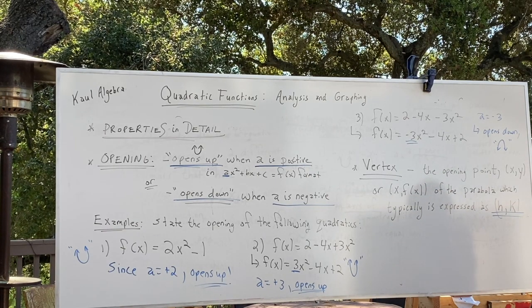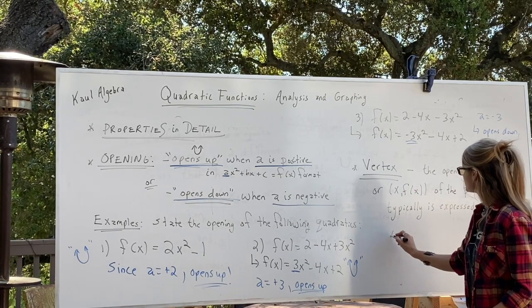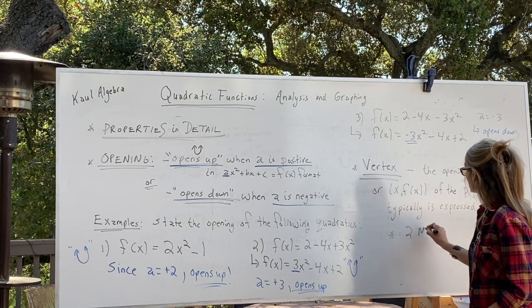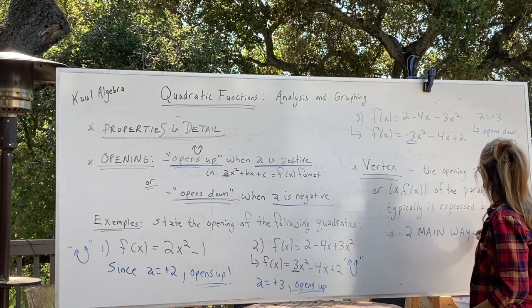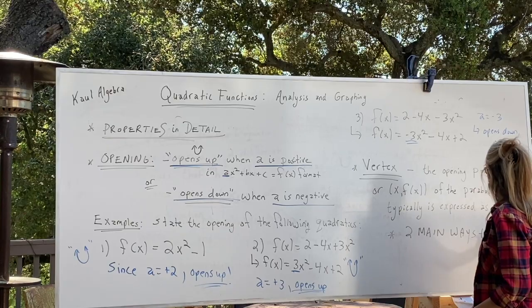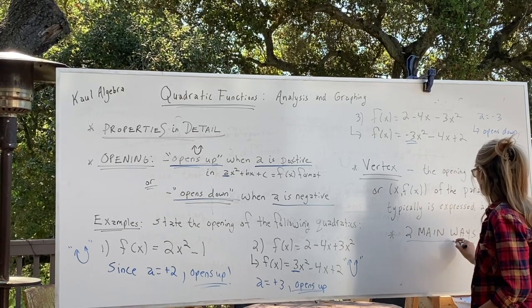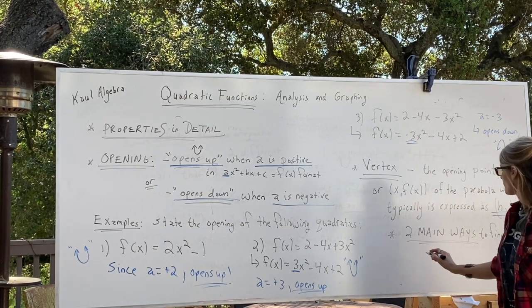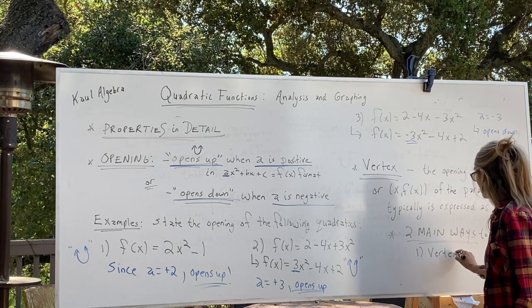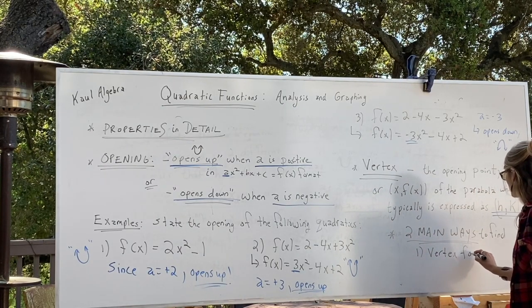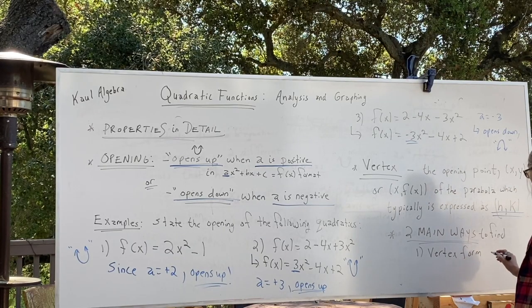There are two main ways to find this point, and we're going to look at these two ways. One is if we use vertex form, we identify it.